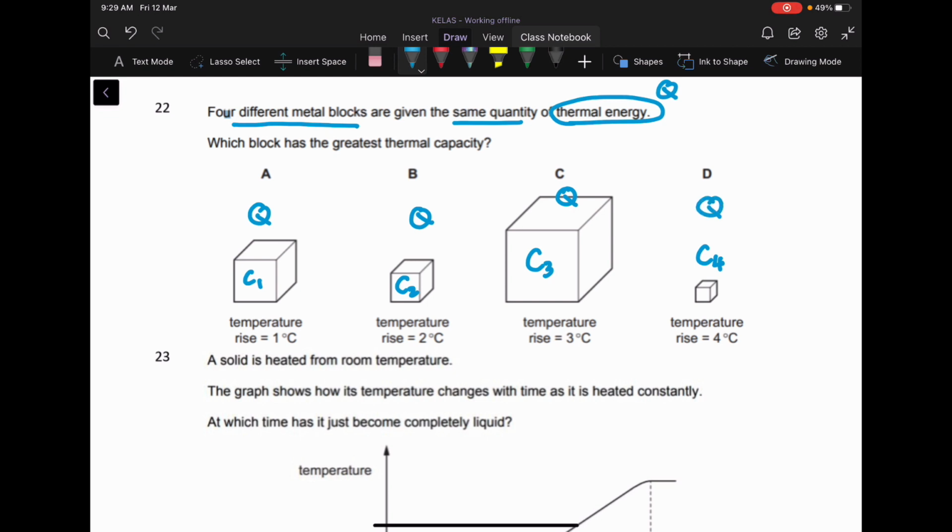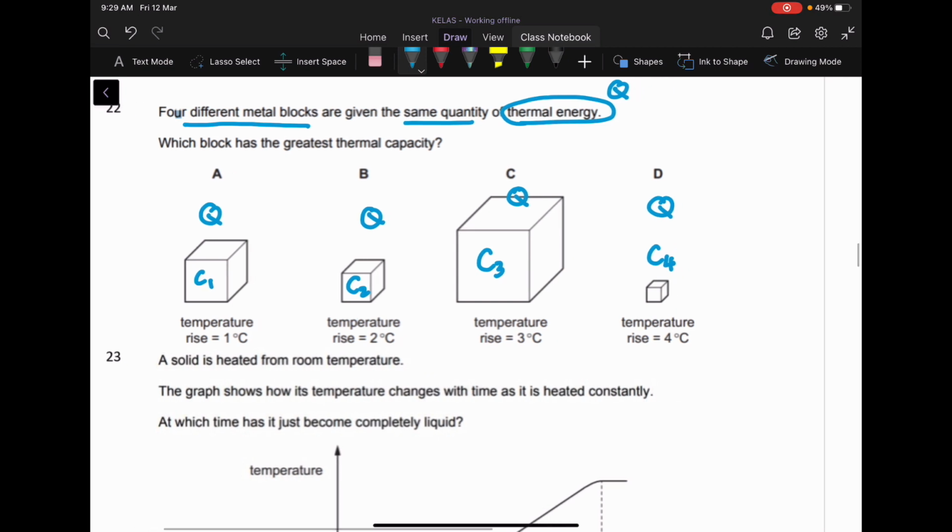Which block has the greatest thermal capacity? Remember in the topic of thermal capacity, C is equal to what? Energy over change of theta.